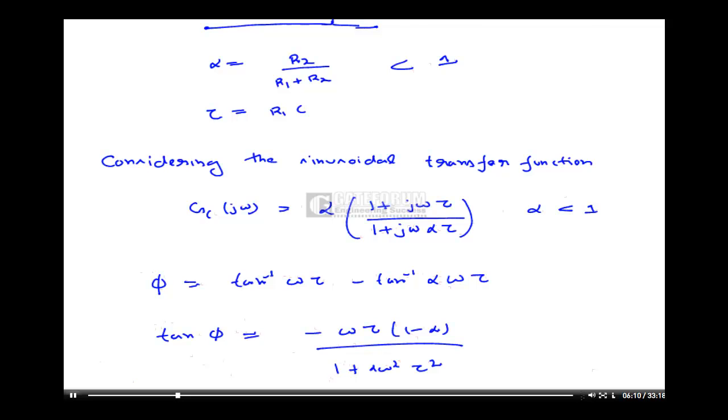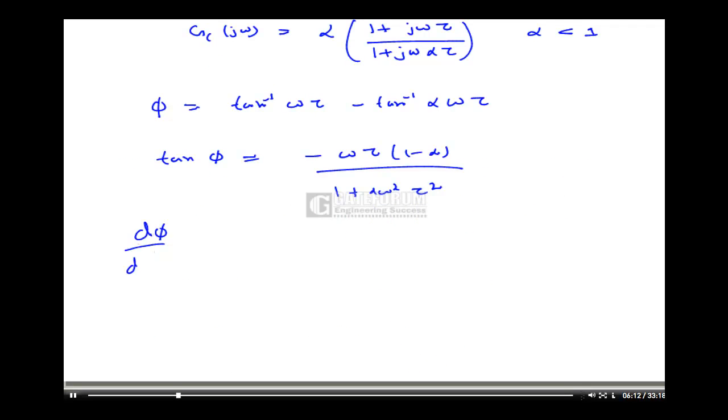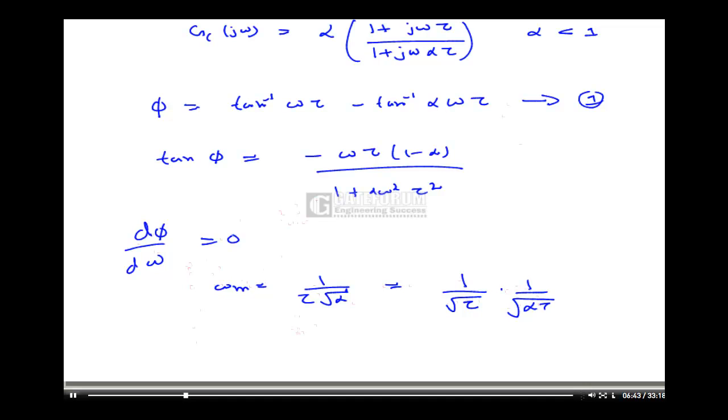To find the maximum phase, d phi by d omega is equal to 0, because we have to differentiate with respect to frequency. Let this be equation number 1. If we differentiate equation number 1 with respect to omega and equate it to 0, I will get omega m equal to 1 by tau root alpha, also equal to 1 by root of tau times alpha tau.